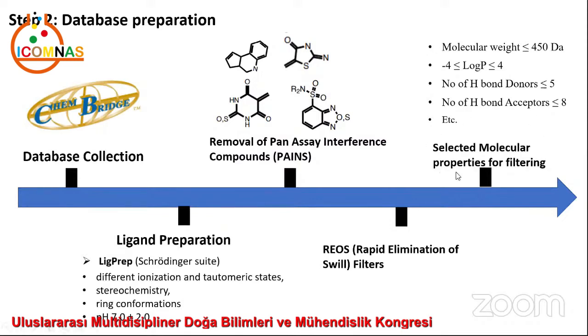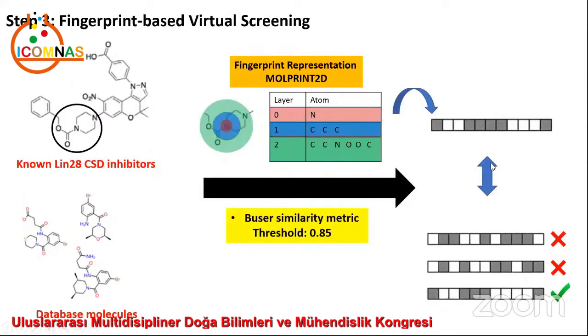And in the final step, we further filtered our database to enrich it with just molecules that are more drug-like. We used molecular weight, logP values, number of hydrogen bond donors, acceptors, and such. And we filtered our compounds with these thresholds.